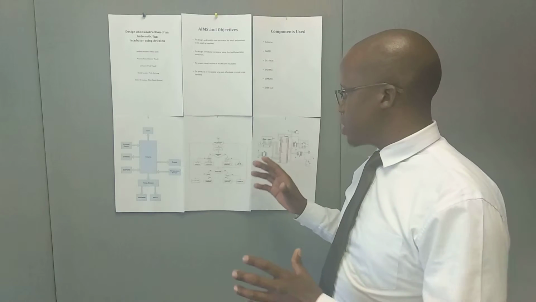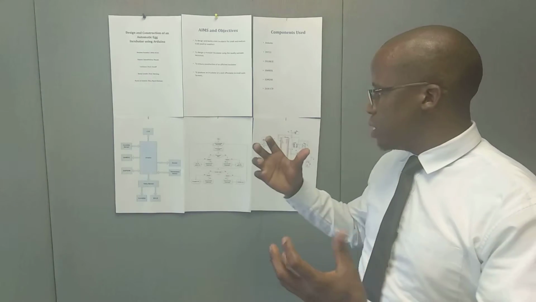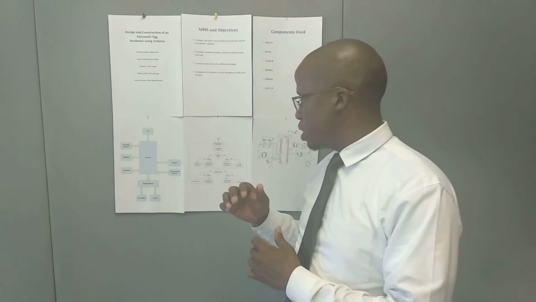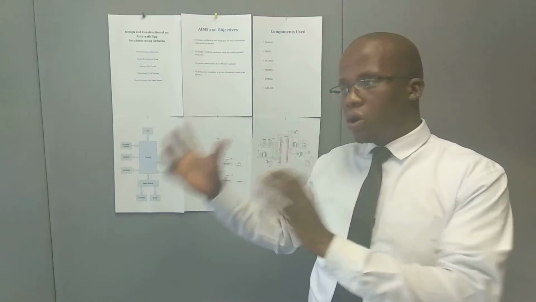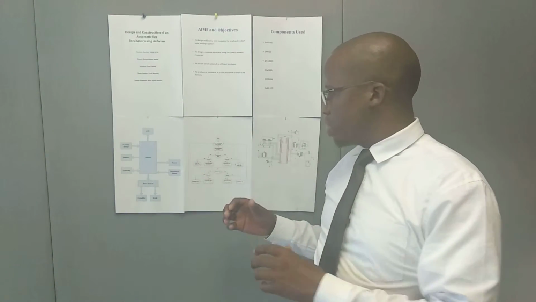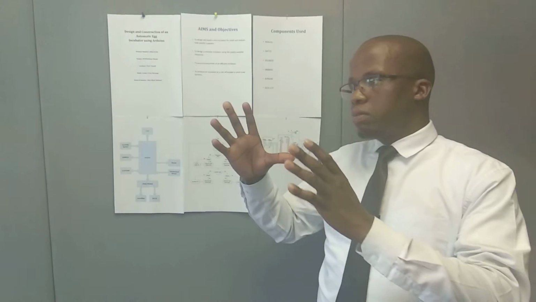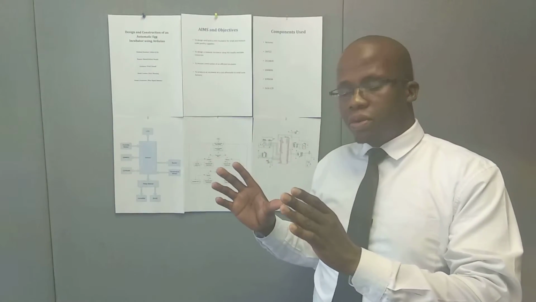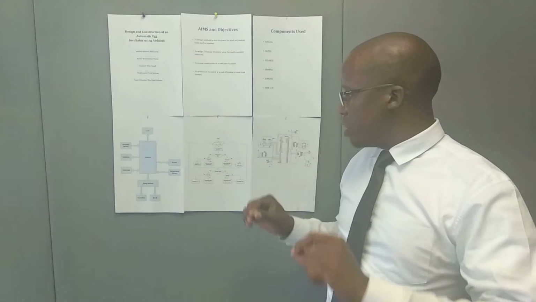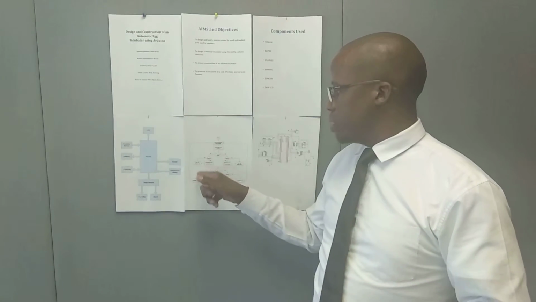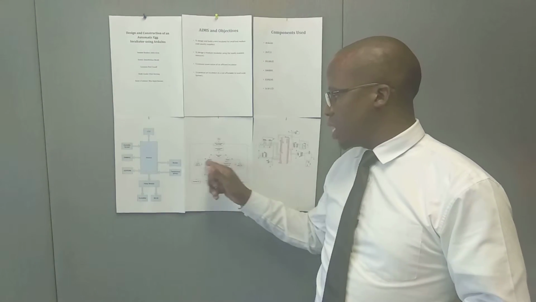So the operation is such that the system reads the temperature and humidity, and then it logs it via Wi-Fi, and then it takes the temperature and compares it to the preset allowable temperature. If it's critical, it will send an alert SMS.